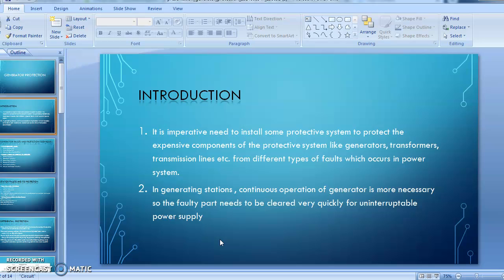So instead of using a single generator, we have a choice of n number of generators operating in parallel to compensate that load. In that case, if the generating station has n number of generators, generally we don't recommend running more than n-1 or n-2 generators at a single time of operation.